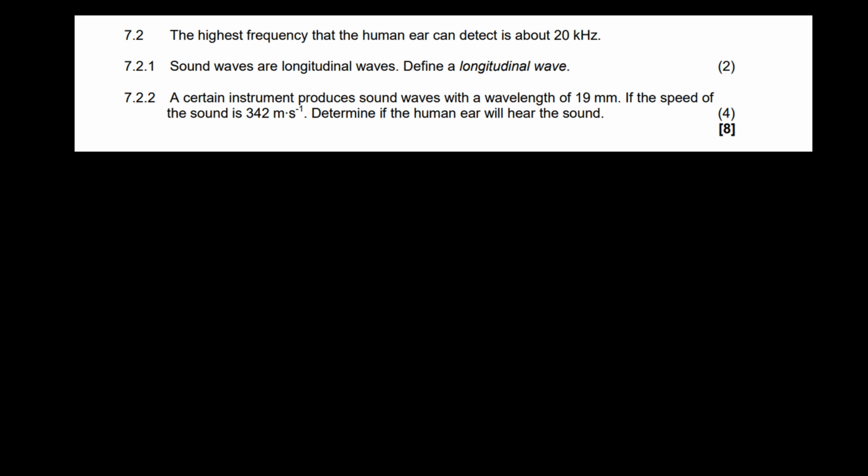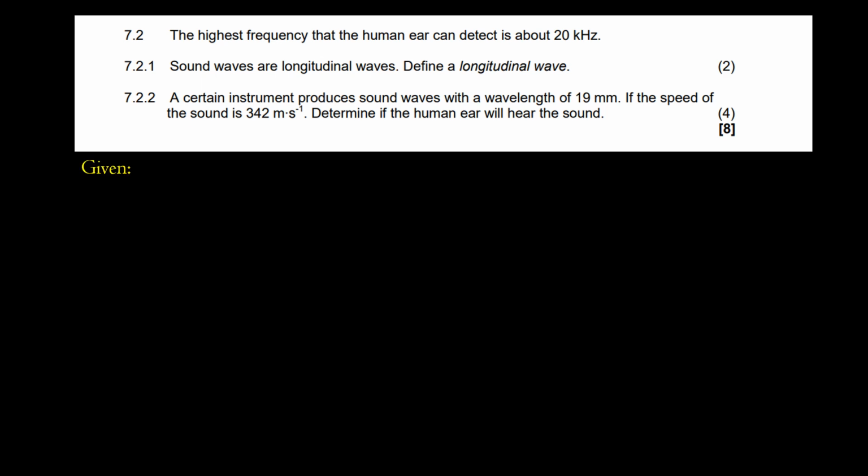Which expression or formula do you think we are going to use? You guessed it. We are going to use the wave equation, which says the speed v equals the frequency times the wavelength lambda.